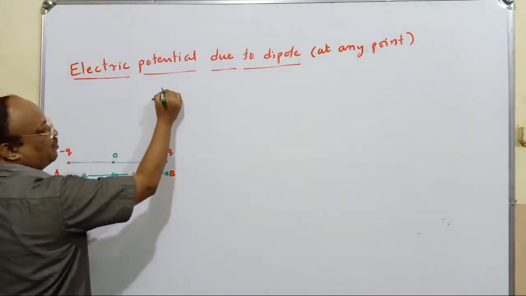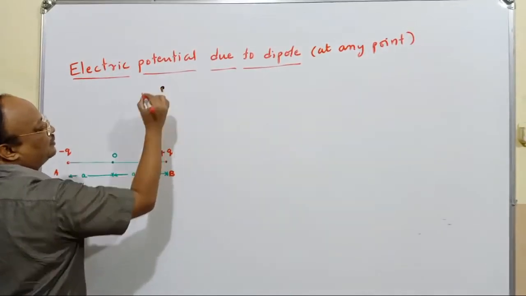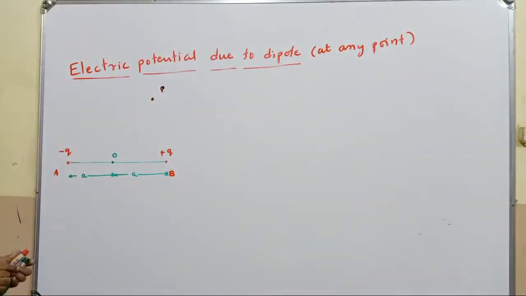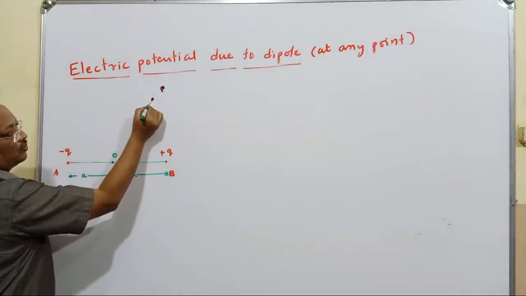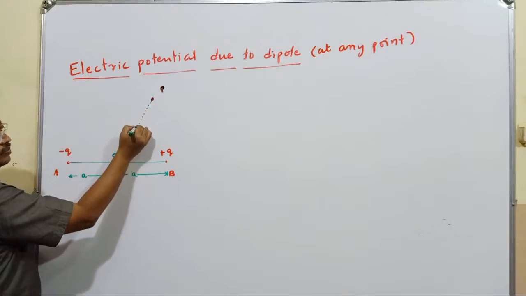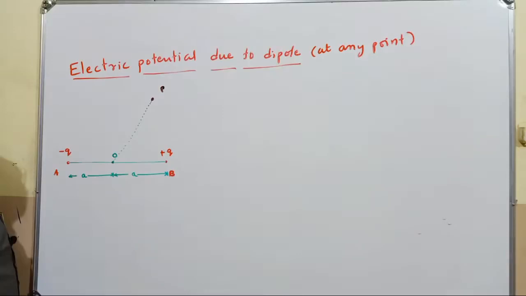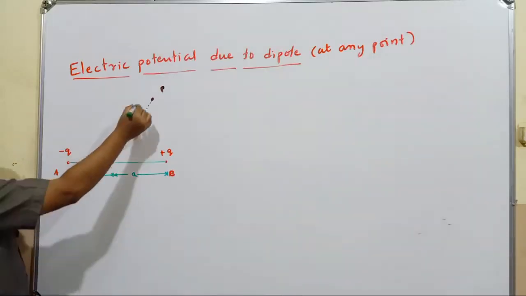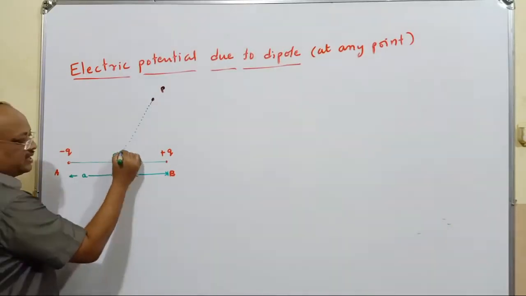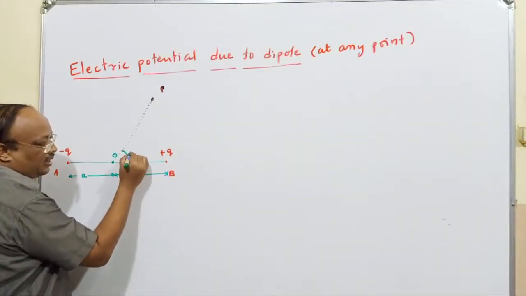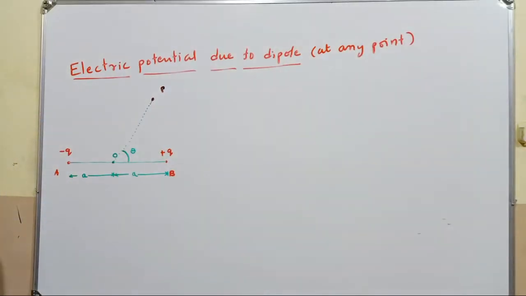This is a point P. At this point, I want to know the electric potential due to this dipole. This is making an angle theta.